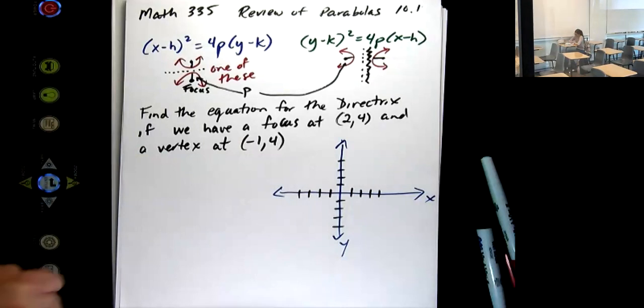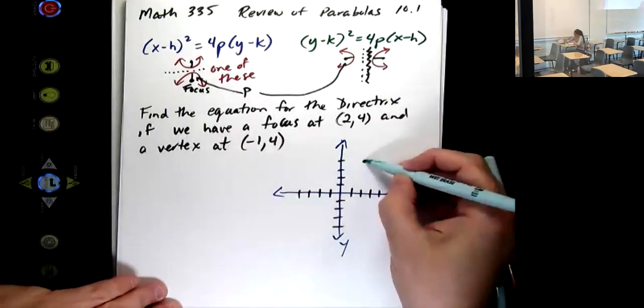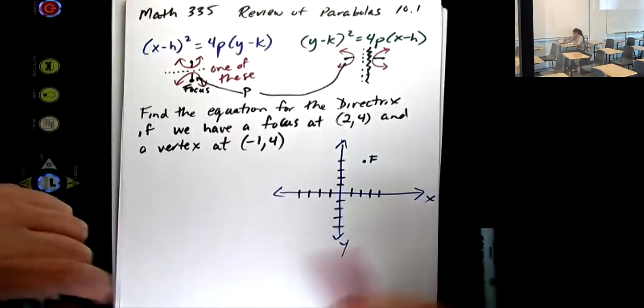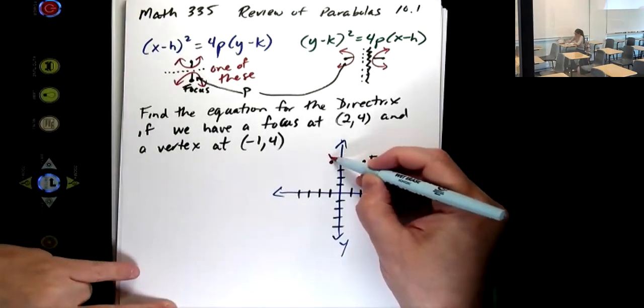We have a focus at (2, 4), which is right there, and we have a vertex at (-1, 4), right there.